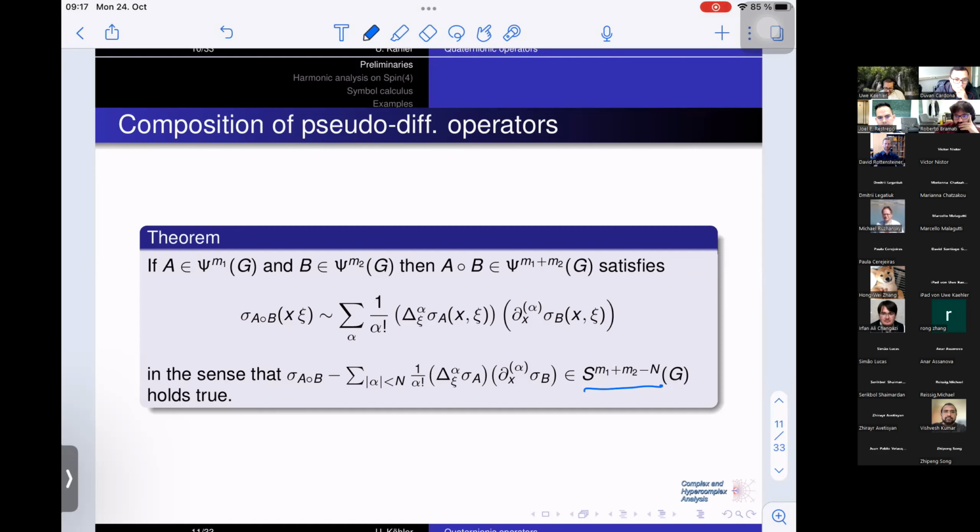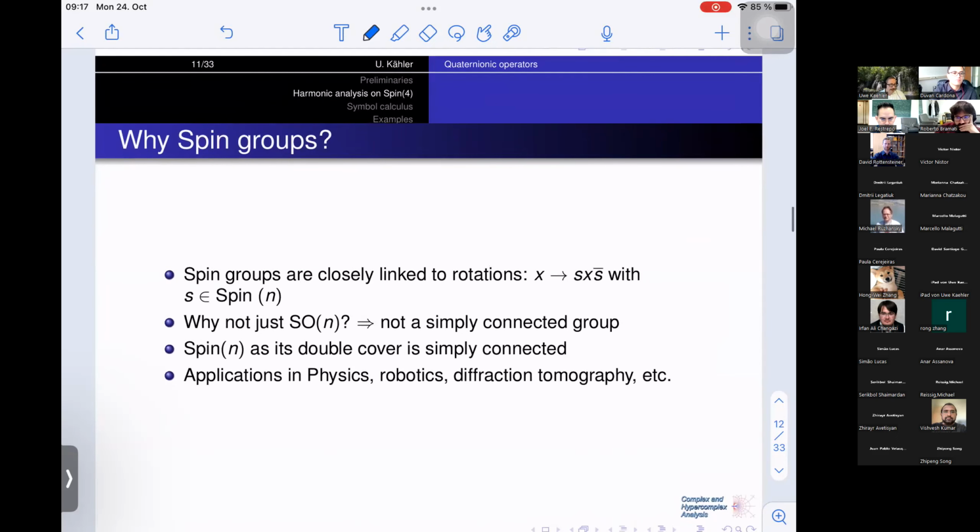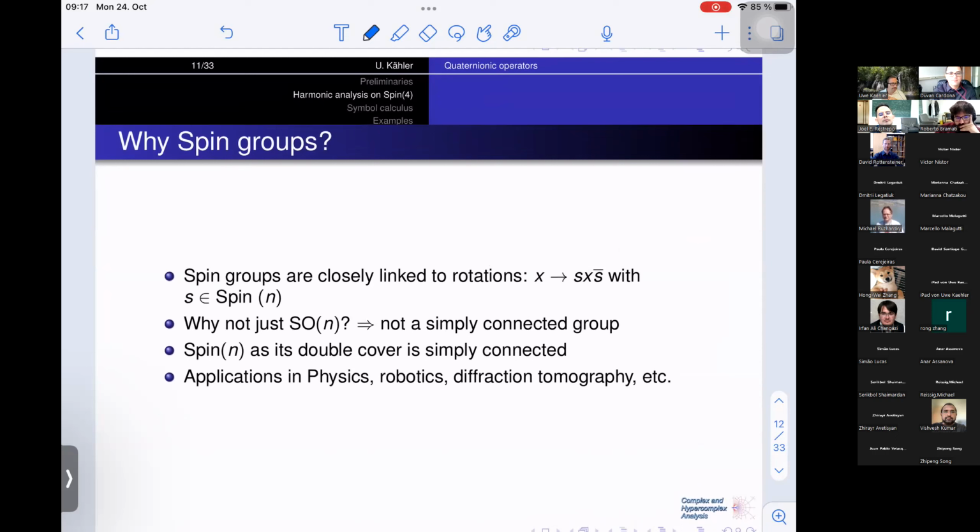So now let's come directly to what we actually want to discuss, spin groups. We want to consider this machinery in the case of the spin groups. Why spin groups? Well, the simplest thing you can see about spin groups is that they are linked to rotations in higher dimensions.